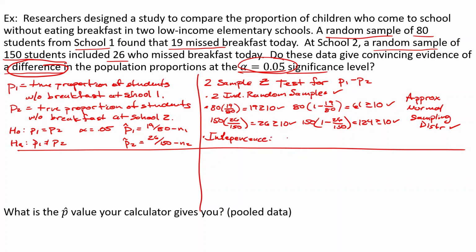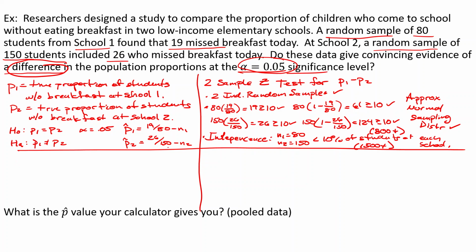As an independent from any other samples, we've got N1 equals 80, N2 equals 150, which hopefully are less than 10% of students at each school. So as long as we have more than 1,500 students at the other school and 800 at the one school, the first school, we should be okay.